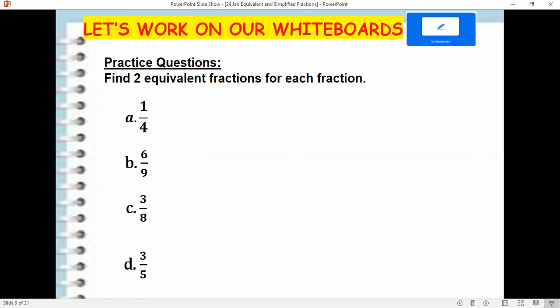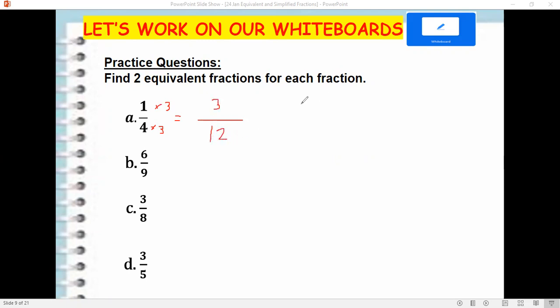Okay, let's see. So we can multiply here by 3 times 3. You should have varied answers, okay? Because there are a lot. We can multiply any number in 1/4 to find an equivalent fraction. So this will be 3 and 12.